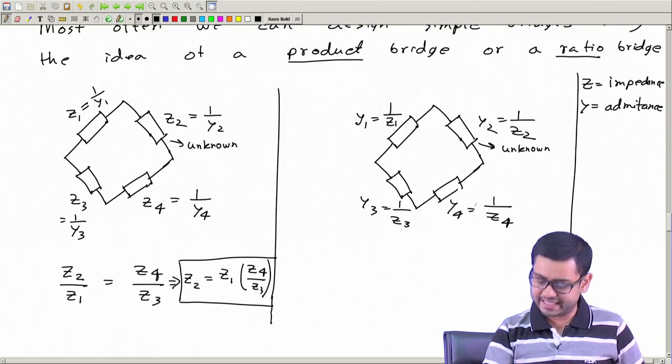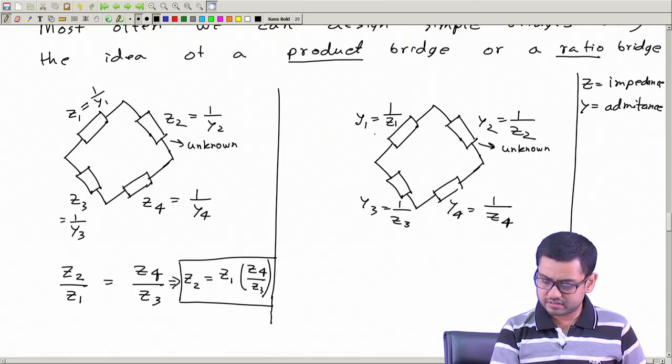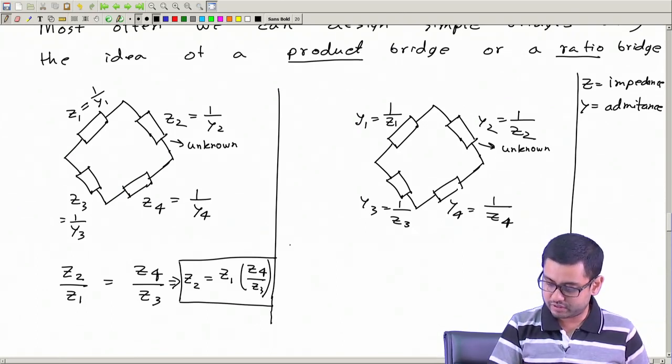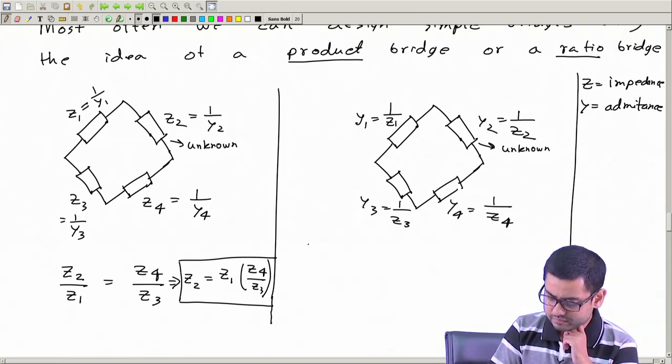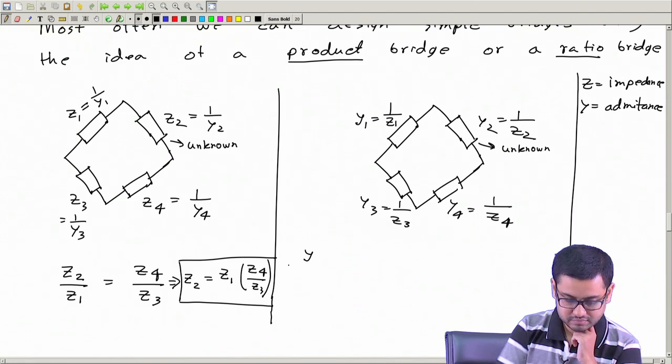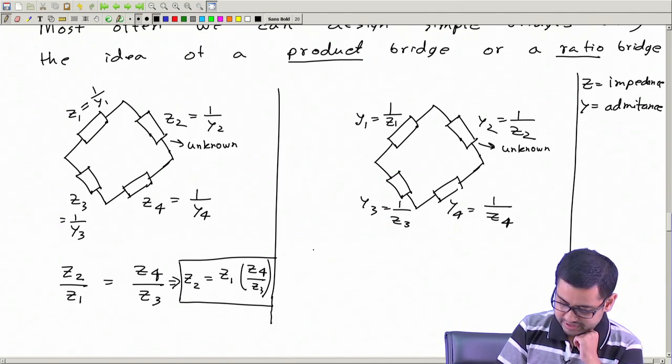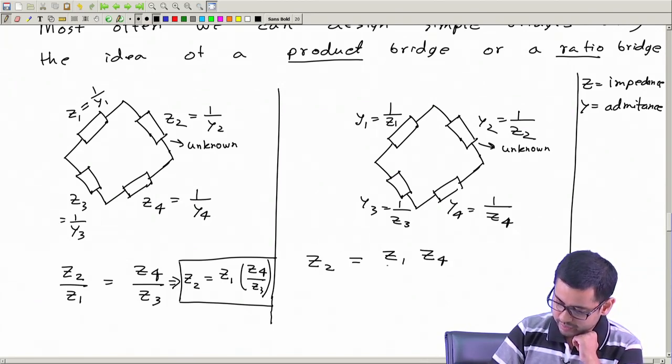Now, on this side we can again write the balance equation in terms of admittance instead of impedance, like we can write, say, let us write it first this way. Z2 will once again be same as Z1 Z4, okay, by Z3.